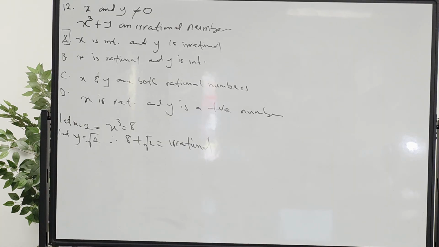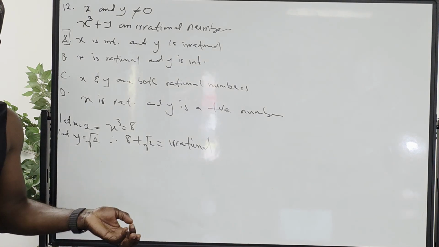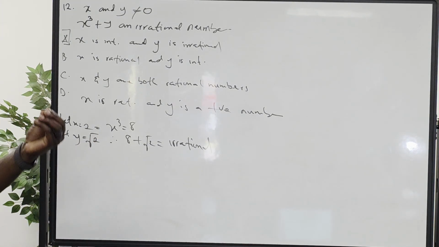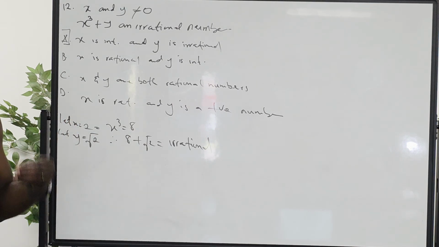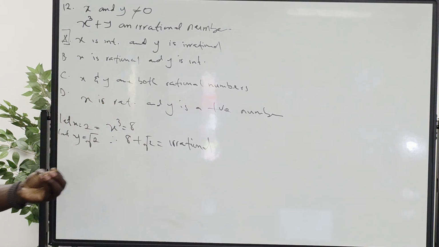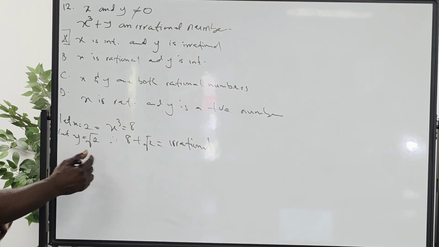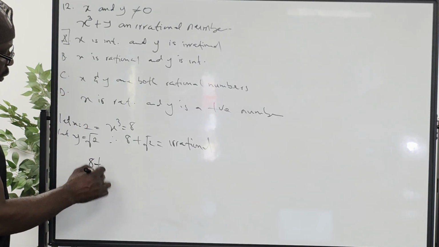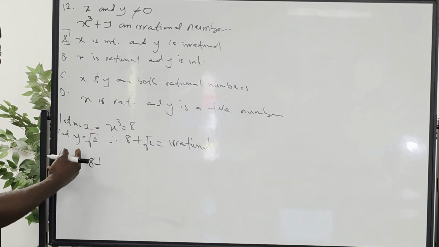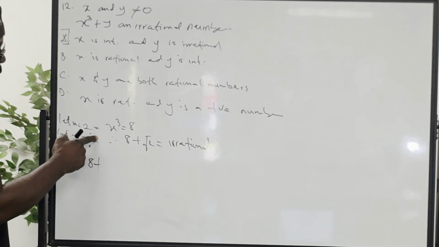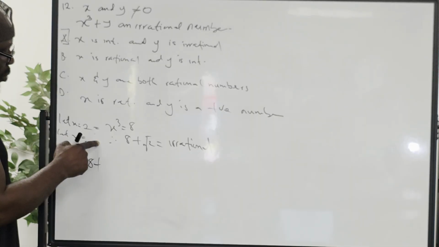An irrational number is one that you cannot write as a fraction, or one whose decimal repeats endlessly. If you chose B, if x is rational, an example is 2, which gives 8 at the end of the day, and y is rational, then y could be 3.